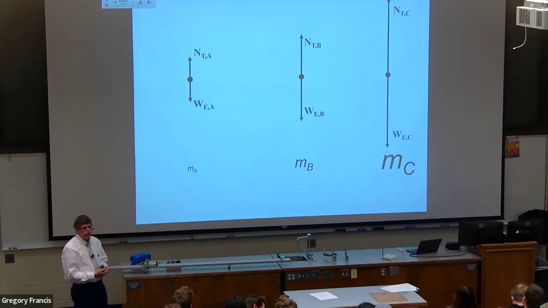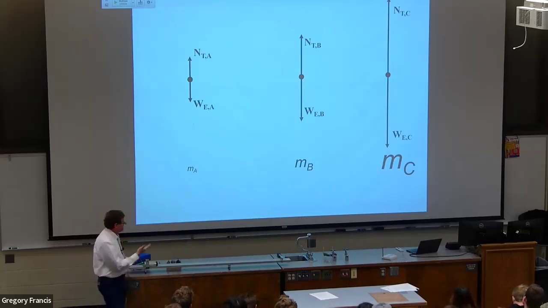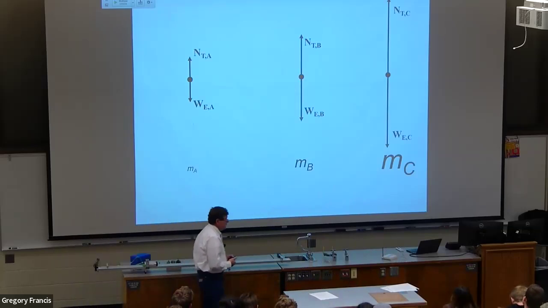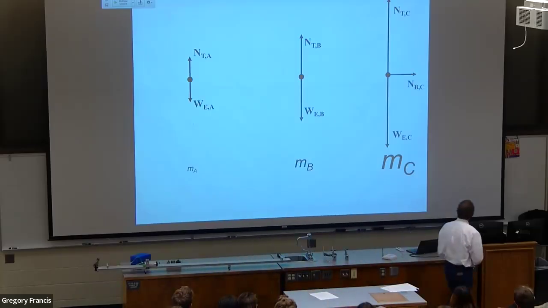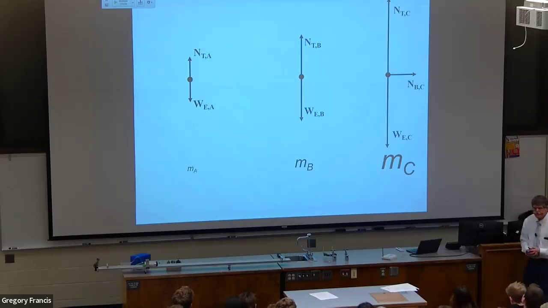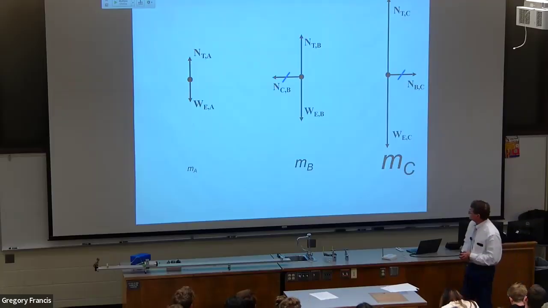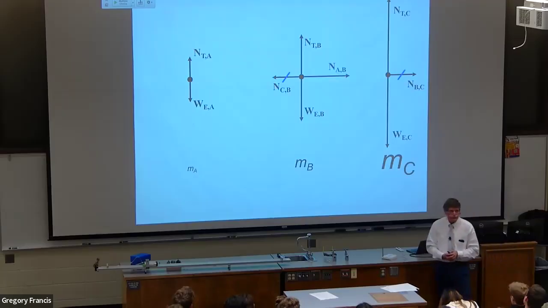I start with the free body diagram of the simplest object, that would be C. The only thing touching it besides the table is B, and it pushes. Now, if B is pushing to the right on C, C is pushing back on B, equal and opposite by Newton's third law. The only other thing touching B besides C is A, and it pushes.